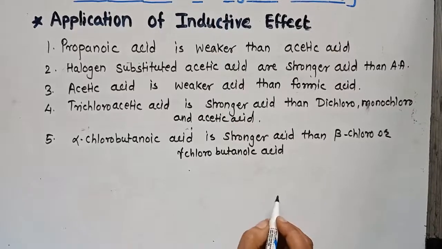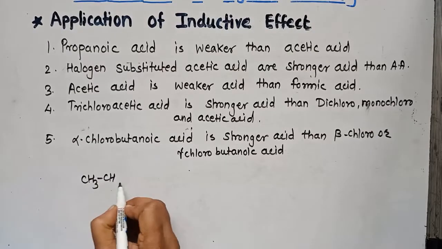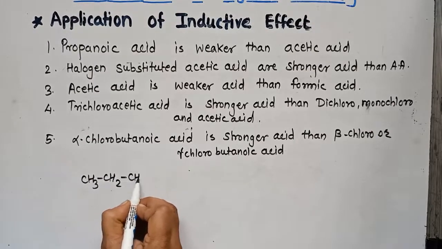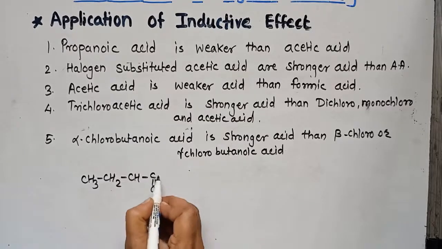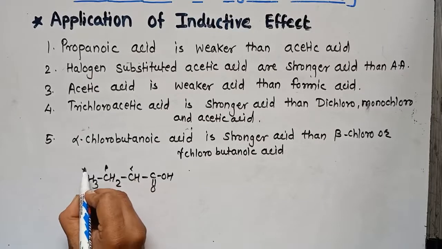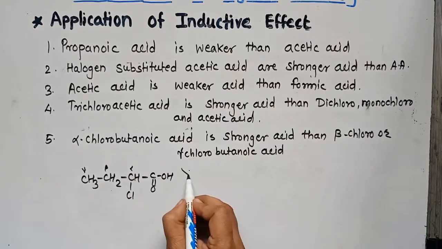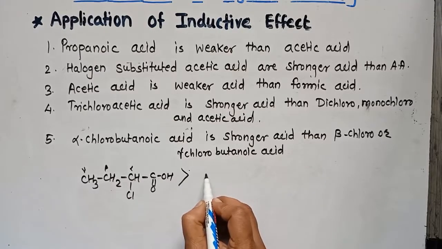So first we draw the structure: CH3, CH2, CH, COOH. This is alpha, beta and gamma carbon. So alpha chloro means at alpha position chlorine is present. This is stronger, so here we put the arrow like this.